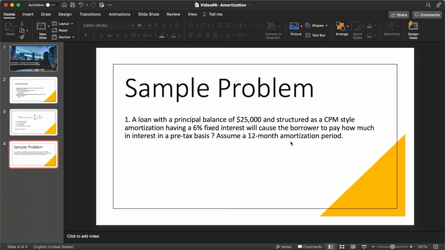So let's jump into a sample problem. A loan with a principal balance of $25,000 is structured as a constant payment mortgage loan. It has a 6% fixed interest rate. We want to know how much interest we're going to end up paying, and we're assuming a 12-month amortization period. Okay.